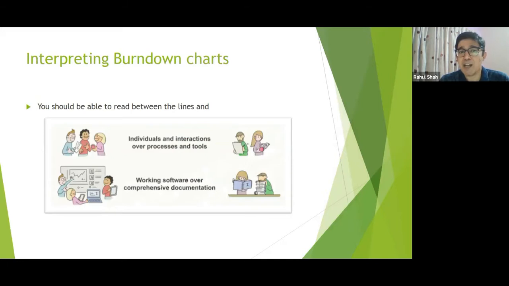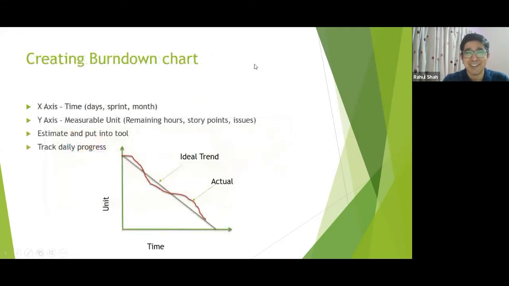If the burn down chart doesn't provide me that data, then I have to figure out how to make sure whether the software is working. I cannot sit on a laptop and get that data, obviously. I will be doing or attending the sprint review, demo and other things, and then see what the actual progress is, correct?